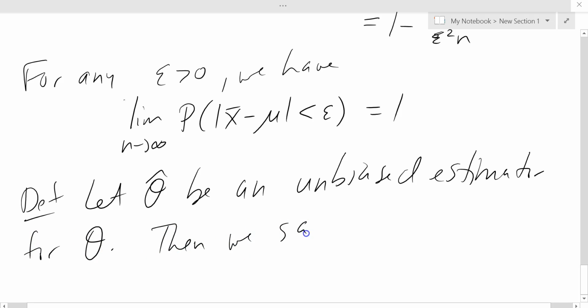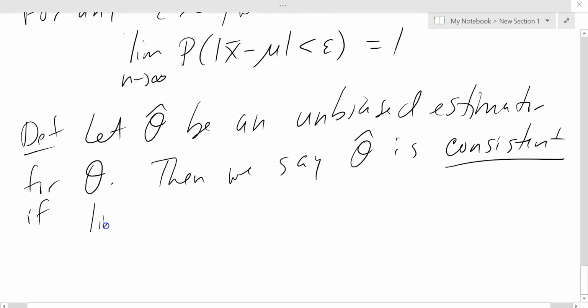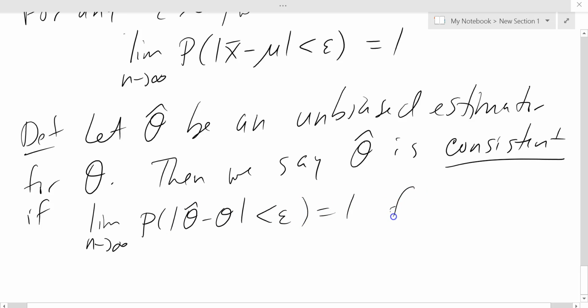Then we say theta hat is consistent if this limit idea works. So the limit as n goes to infinity of the probability that the absolute value of theta hat minus theta is less than epsilon is equal to 1, and this is true for any epsilon greater than 0.